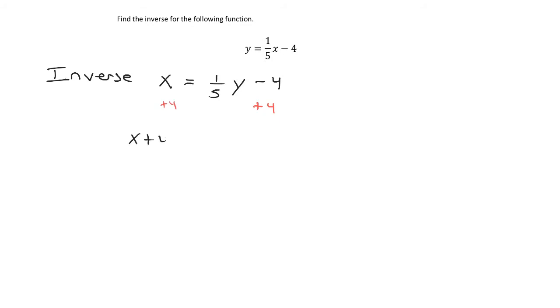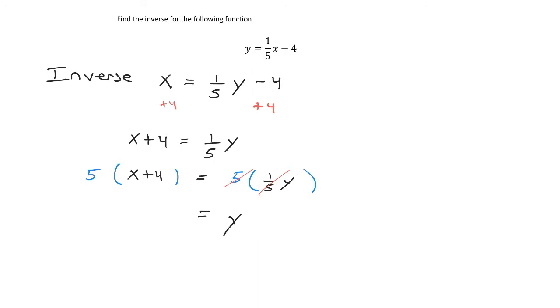So I have x plus 4 is equal to 1/5 y. And to get y by itself, I'm going to multiply both sides by 5. On the right, the 5 and the 1/5 cancel.